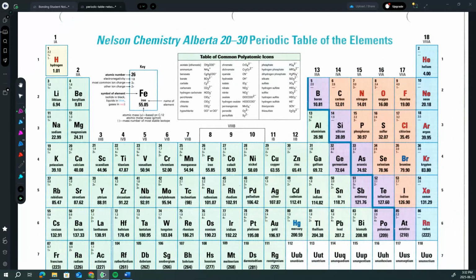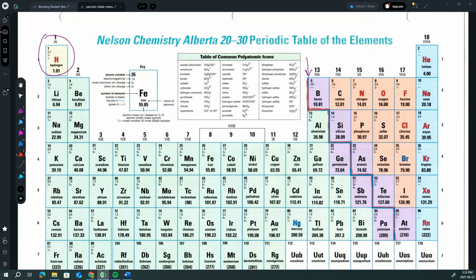With the exception of hydrogen, everything to the left of this bold staircase line, that goes from boron, down by aluminum and silicon, down by germanium and arsenic, antimony and tellurium, and down all the way beside polonium and astatine, is a metal.